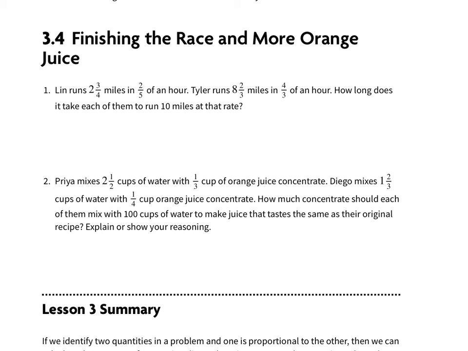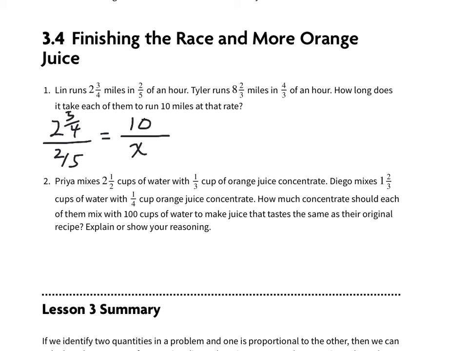So we're going to do this separately. We have Lynn with 2 3/4, that's her miles, over 2/5 of an hour, which is the time. And what we want to know is how long will it take Lynn to run 10 miles? Well, the miles was the number I put on top. I'm going to put my 10 there and my x there.